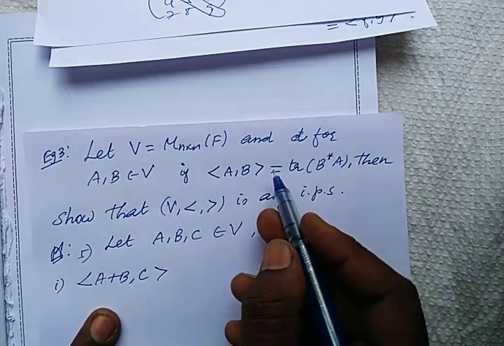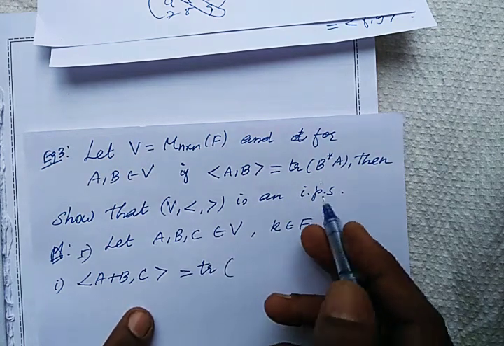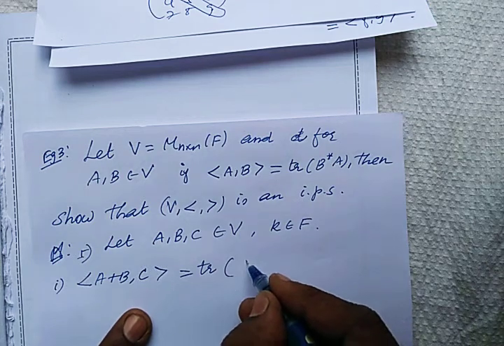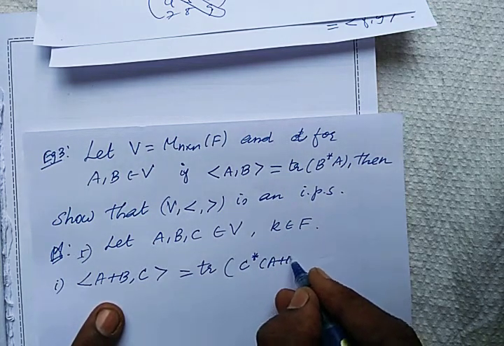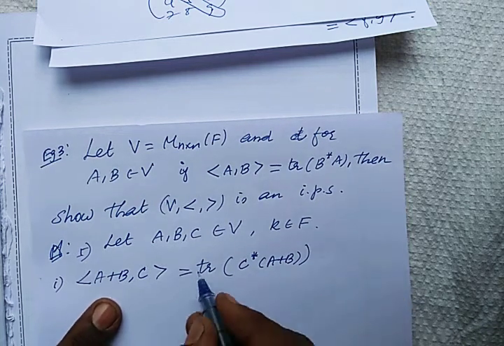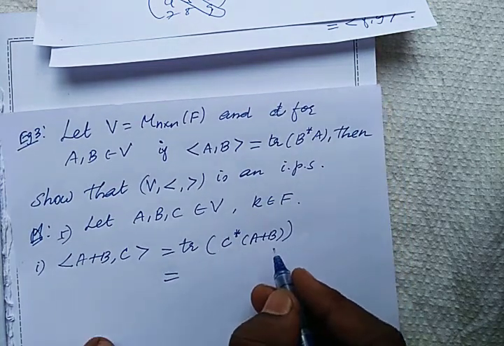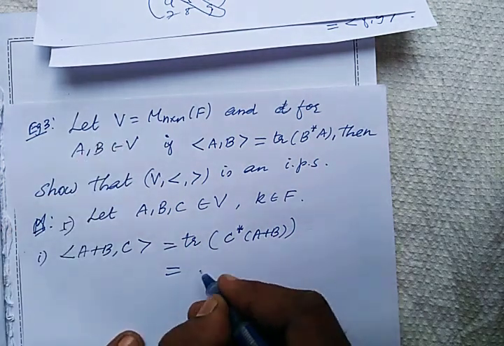But the definition here is given as trace of the second star into the first one. So C star into A plus B. It's a matrix multiplication. We know matrix multiplication is distributive because it's a vector space.